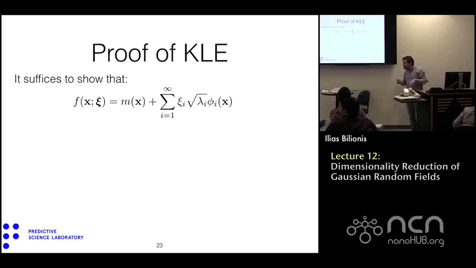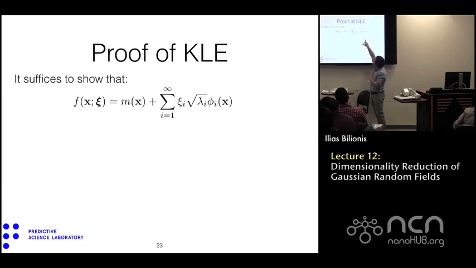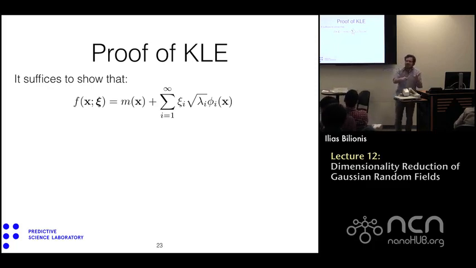For a Gaussian random field, there's a theorem that says that as soon as all the joint finite dimensional distributions are Gaussian, which happens here because all the xi's are Gaussian, all you need to show is that the mean has the right form and that the covariance has the right form.